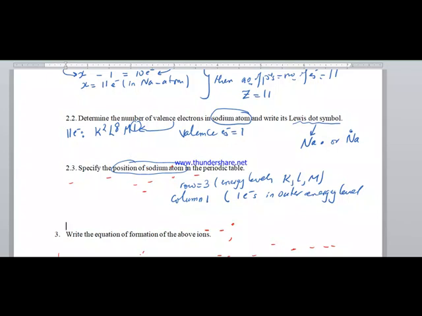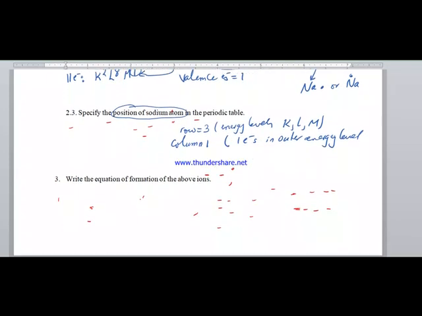To write the equation of formation of this ion, sodium changes into the sodium ion by losing 1 electron.